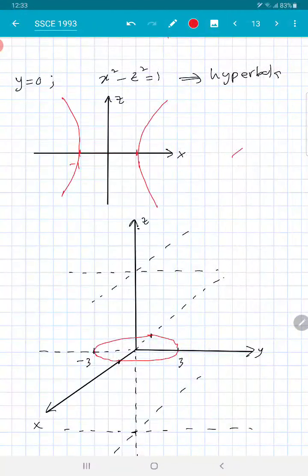So let's say here. 1, 2, here. And square root of 2 is 1 point something. So if that is a 1, then 1 point something is here. Same length. And we have the same size of ellipse on z equals negative 1. So it will intersect here. Same size.